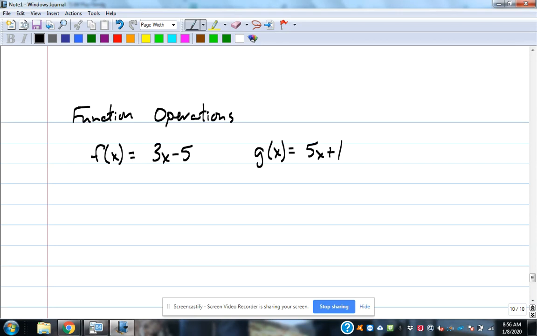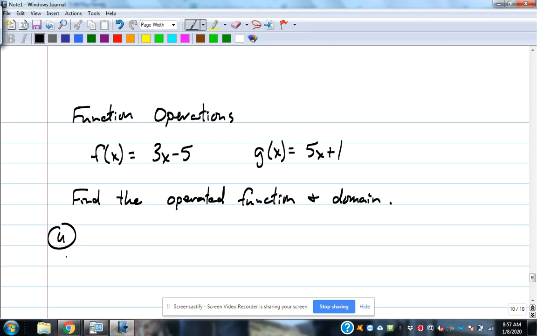We're going to work out the operation and find the domain. Find the operated function and domain.